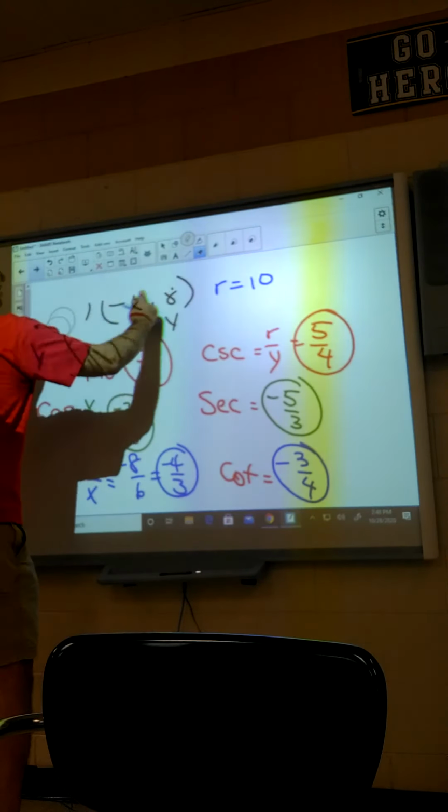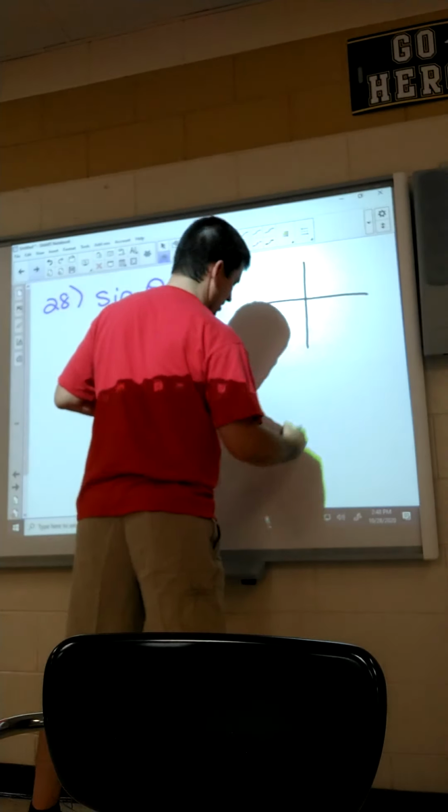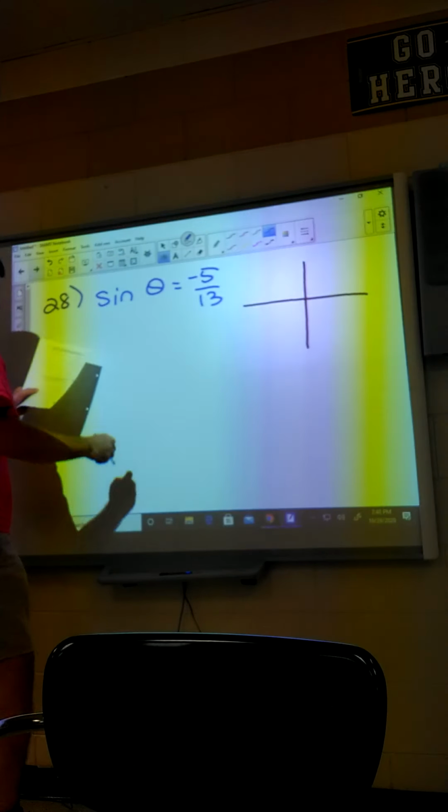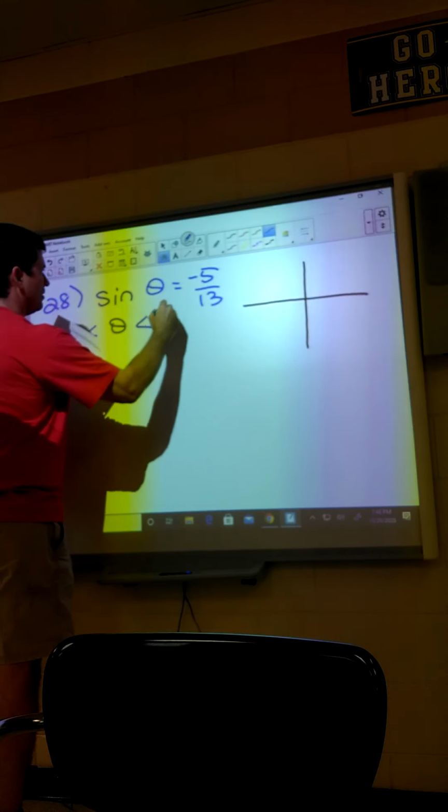All right, 28, very similar problem. 28, it says sine, this little symbol just stands for your angle, negative 5 over 13. All right, if we have an x and y axis right here, look at this next part. It says pi, there's your angle.